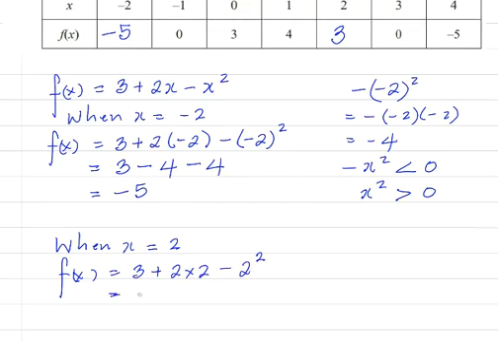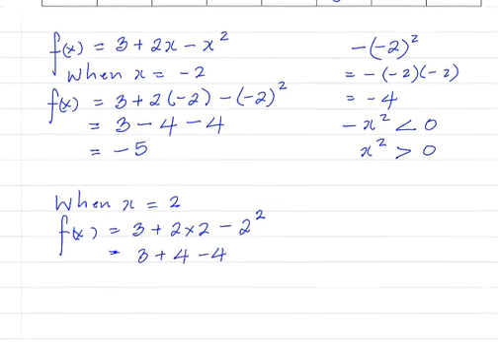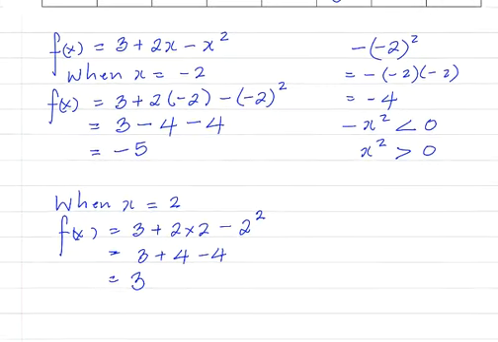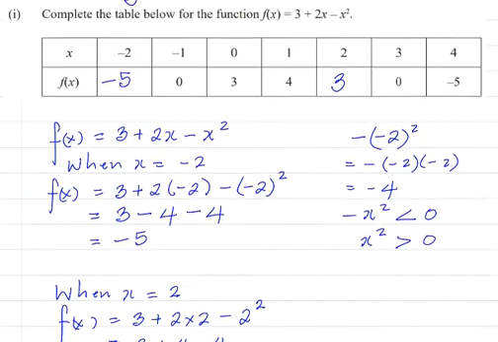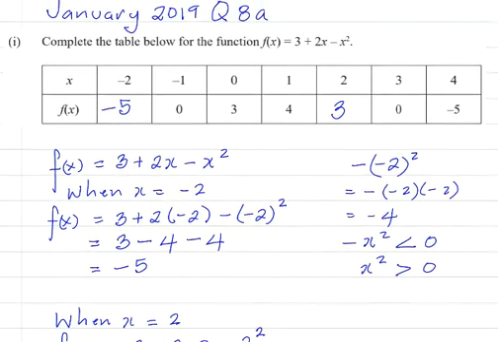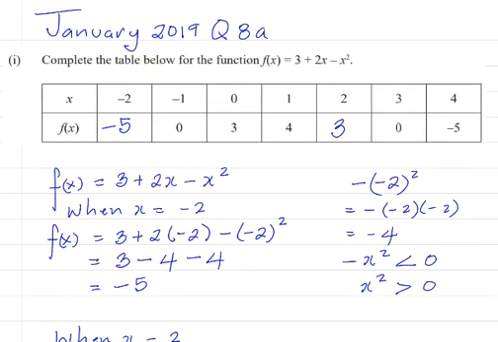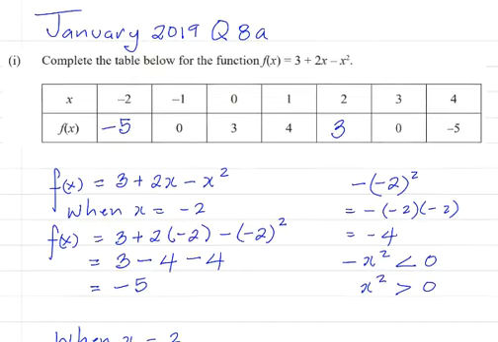So this would be 3 plus 4 minus 4, which is 3. So we could use calculation to find the values, but because it was only worth 1 mark, we could probably just put in the values. But maybe that's why prevention is better than cure. If you have space, you could always work it out. The next part of the question.